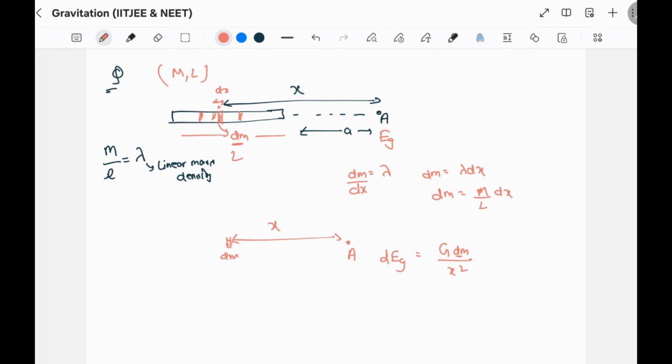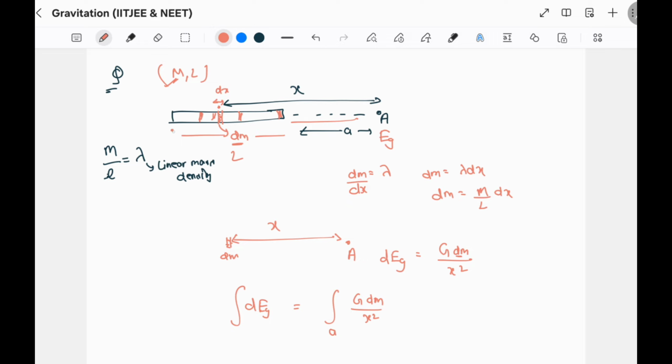Now I have to integrate. If I integrate this small dm, I can get the value because of this total mass M rod at point A. So the same thing, but take care of the integration limit. It will be G dm by x squared. The limit will start at a: if my dm mass is here, the distance is a, so the minimum limit will be a.